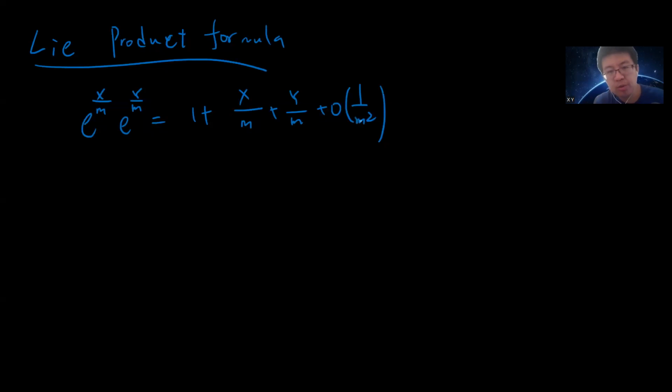The proof idea is very simple. We start from the previous one. We have this X and Y, and we have 1 plus X divided by m plus Y divided by m plus O of 1 over m squared. This is still true, because it's just Taylor expansion. But now let's take a log.